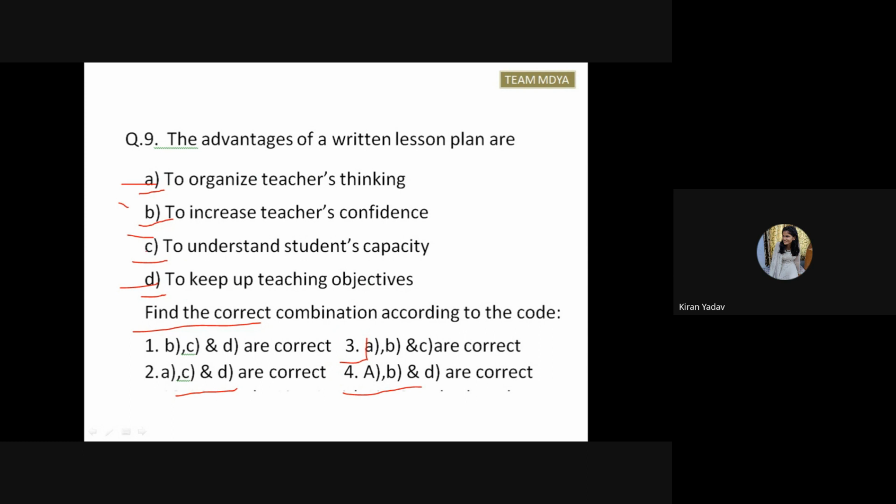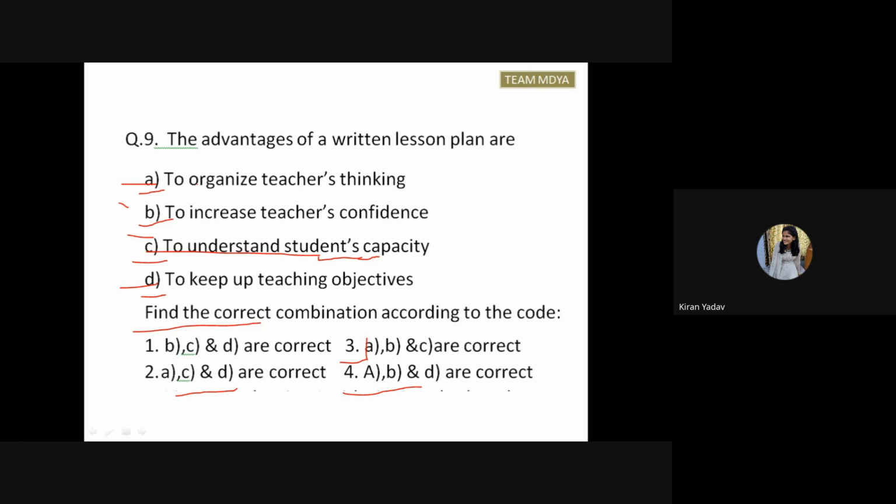Option C says to understand students' capacity. What's the purpose of planning the lesson? Does it make the teacher understand students' capacity in any way? Ma'am, teaching example is done for the learner only, no? Yes, but now the teacher is doing planning, so it's not going to make him understand students' capacity.